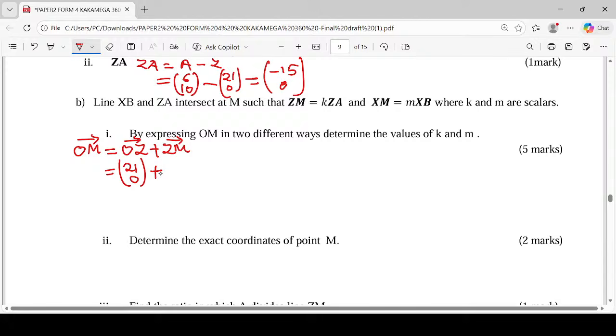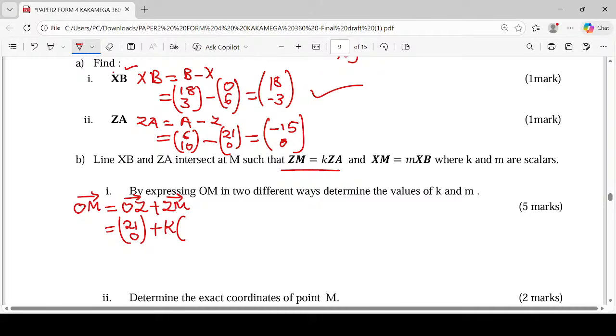Plus ZM. Remember, this ZM is what we've been told it is KZA. So it's going to be K of ZA, and we've already worked out ZA as negative 15, 10.